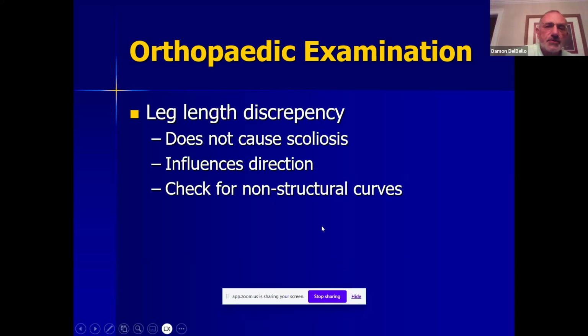So check for non-structural curves, meaning that a pelvic obliquity can cause a curve in the lumbar spine seen on X-ray, but it may not be a structural scoliotic curve. Easiest way to determine that is to level off the pelvis and examine or do a picture, or very simply have the patient sit. Once they're sitting, their pelvis will be level, and you can determine whether you have a structural or a non-structural curve.